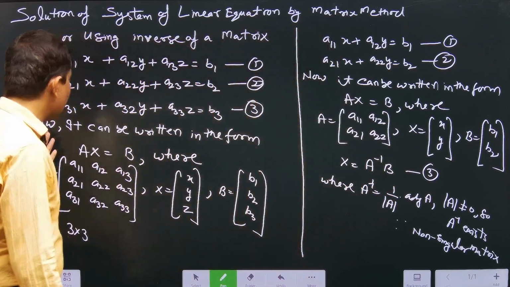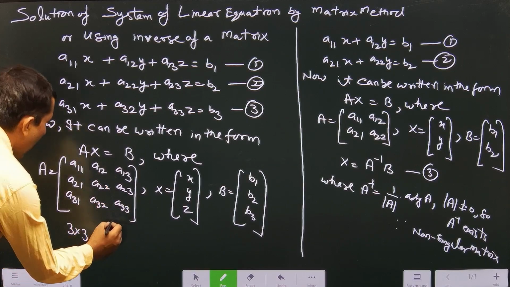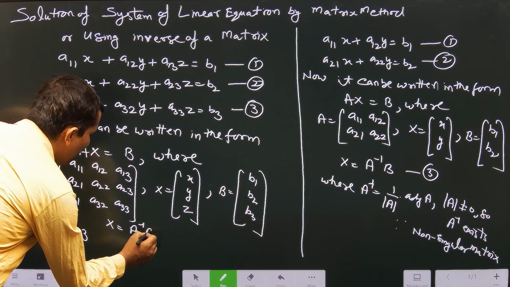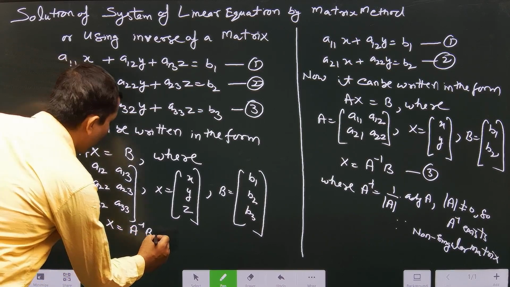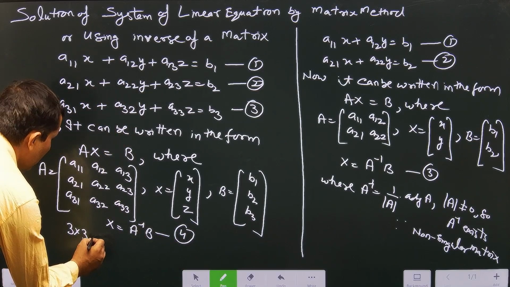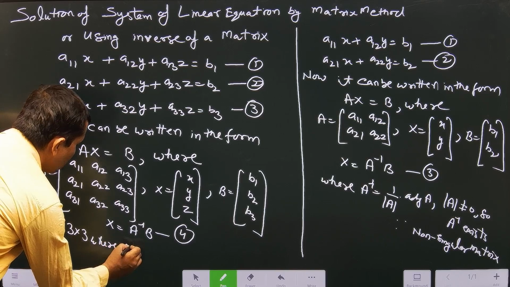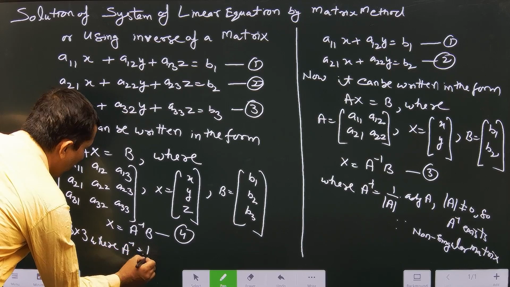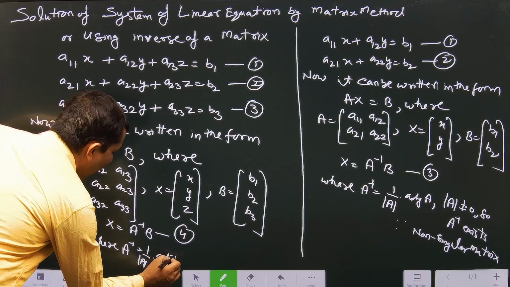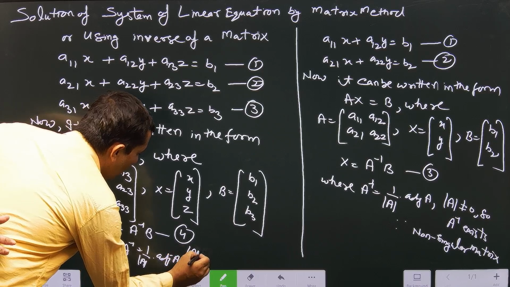And the same process here. X is equal to A inverse B. It is your fourth equation, where your A inverse is equal to 1 upon determinant A into adjoint A, or determinant A is not equal to 0.